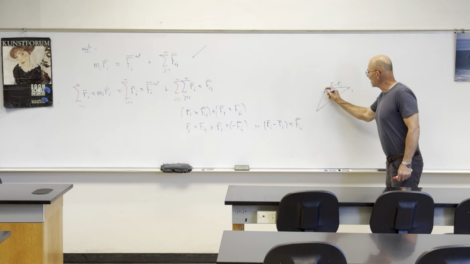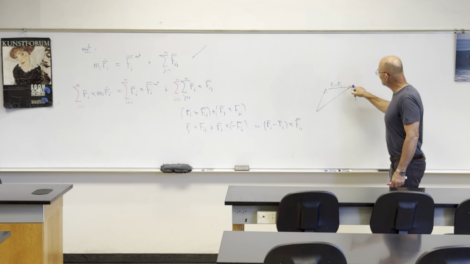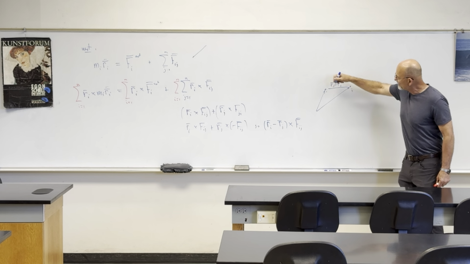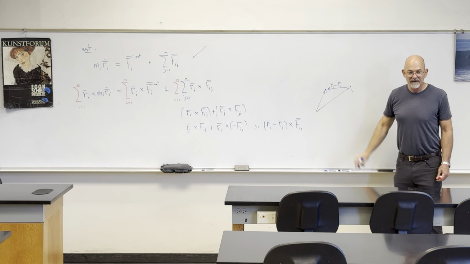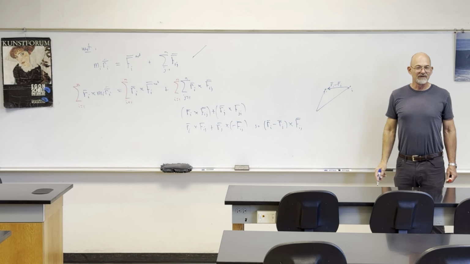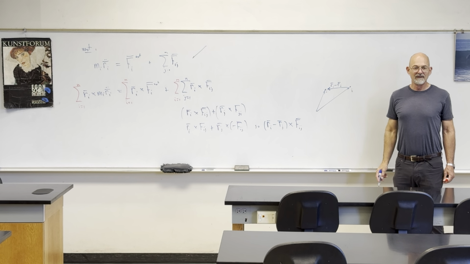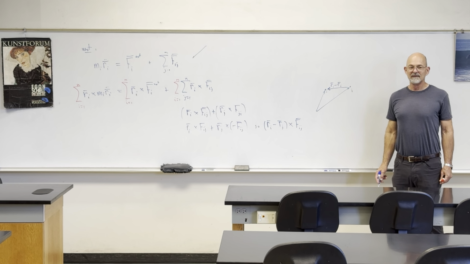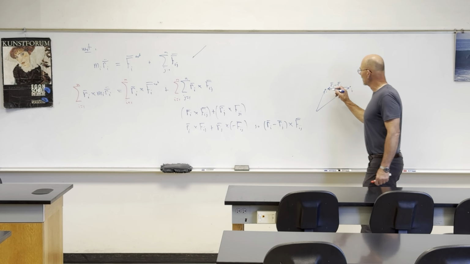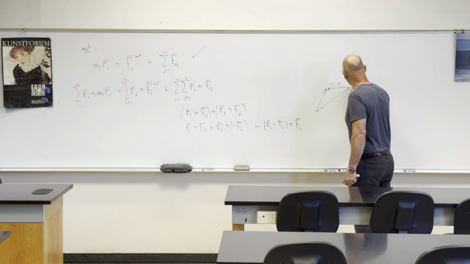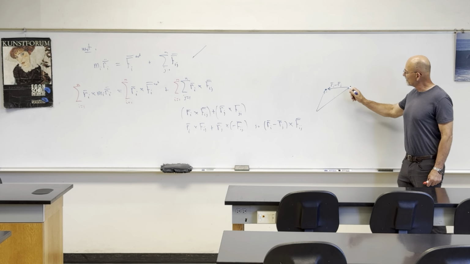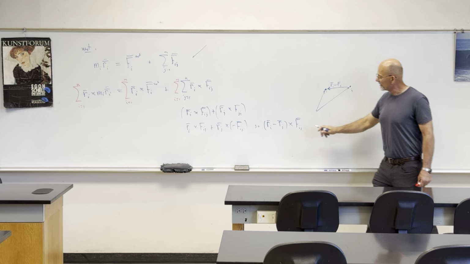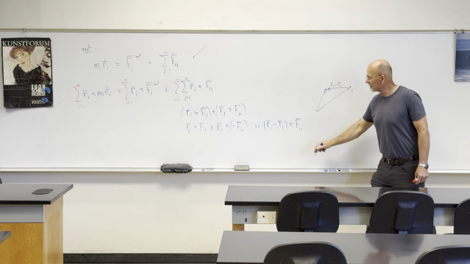Would the cross product between the force between these two particles and this vector that I've literally drawn here vanish? So there's a force between these two particles, and there's the vector that joins them.